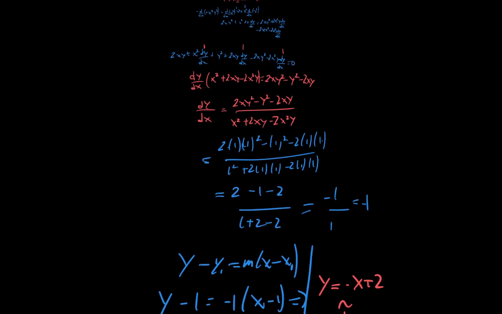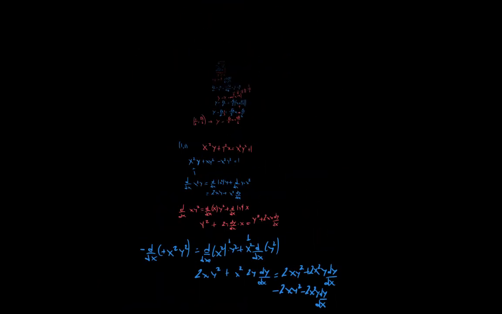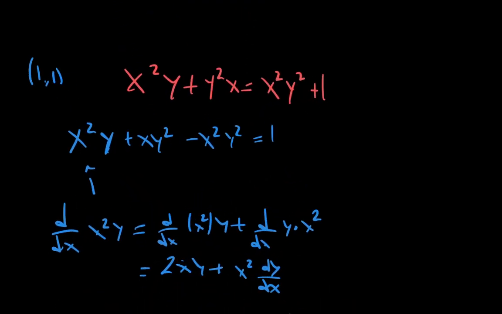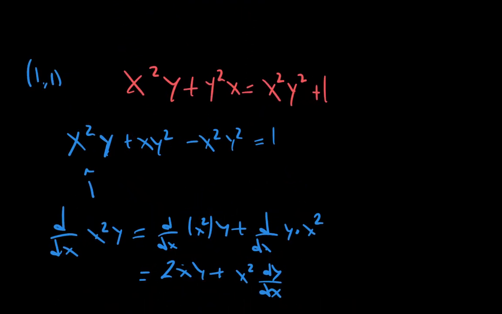So we went from this function, x squared y plus y squared x is equal to x squared y squared plus 1. Feel free to plot this on Desmos.